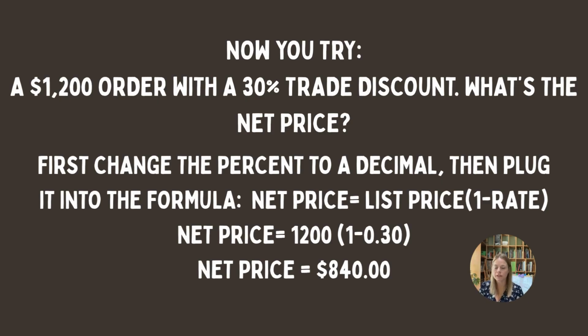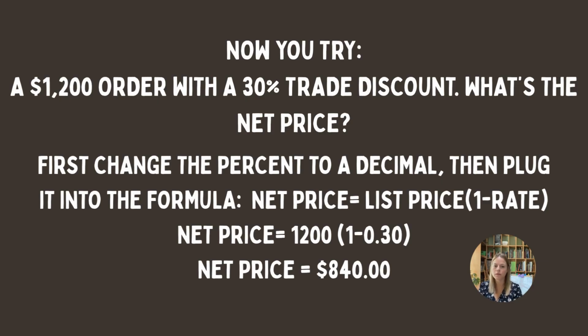Then you plug it into the formula. Net price equals list price times 1 minus discount rate. So the net price is what we are trying to find, but the list price is $1,200 times parentheses.